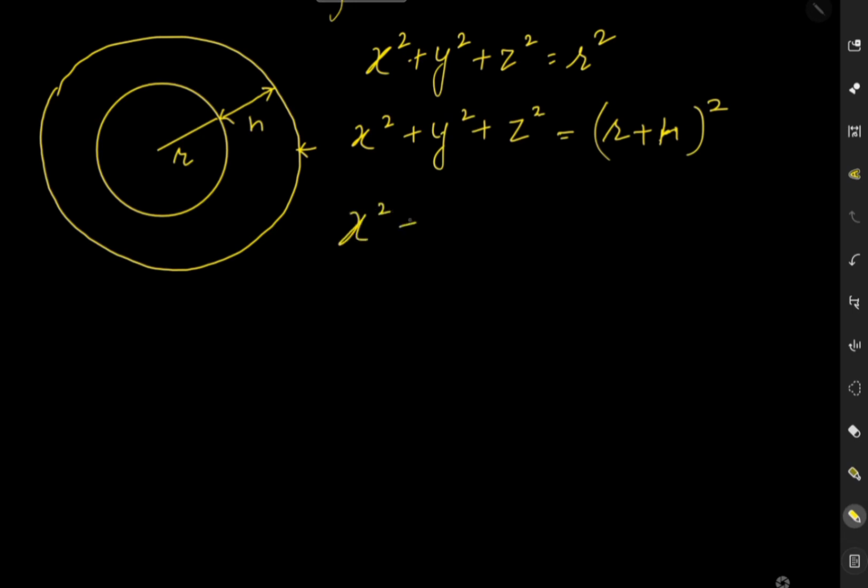Simplifying, it will become x square plus y square plus z square minus r square is equal to 2rh plus h square.